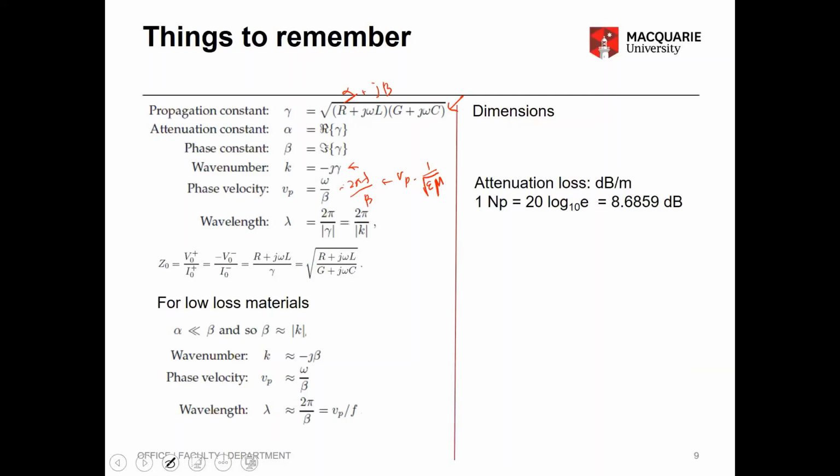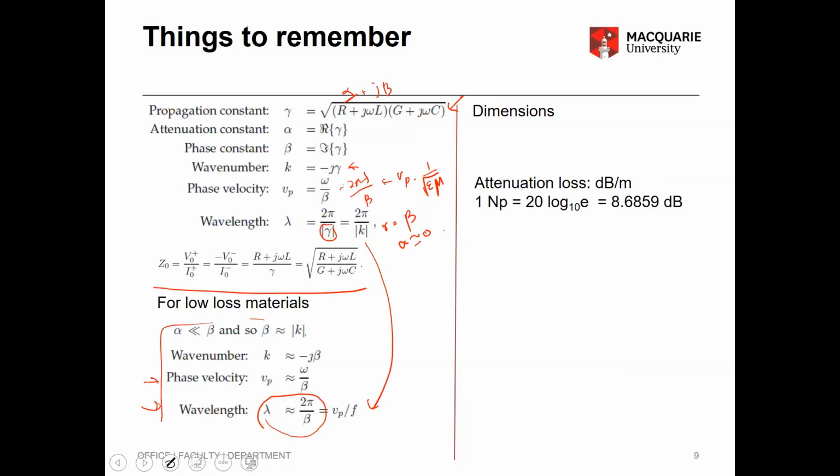The wavelength is 2 pi over beta. For lossless lines, gamma is almost j beta because alpha goes to very small values. Because of that, lambda is also 2 pi over beta. You know the impedance, which you already found. What you need to remember out of this, most importantly, is this part, this and that.